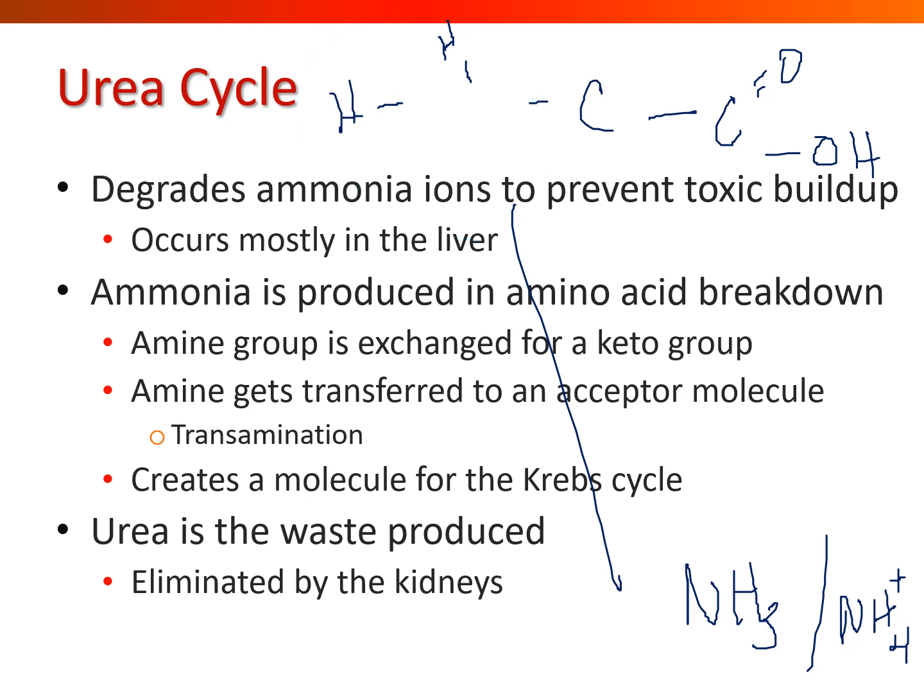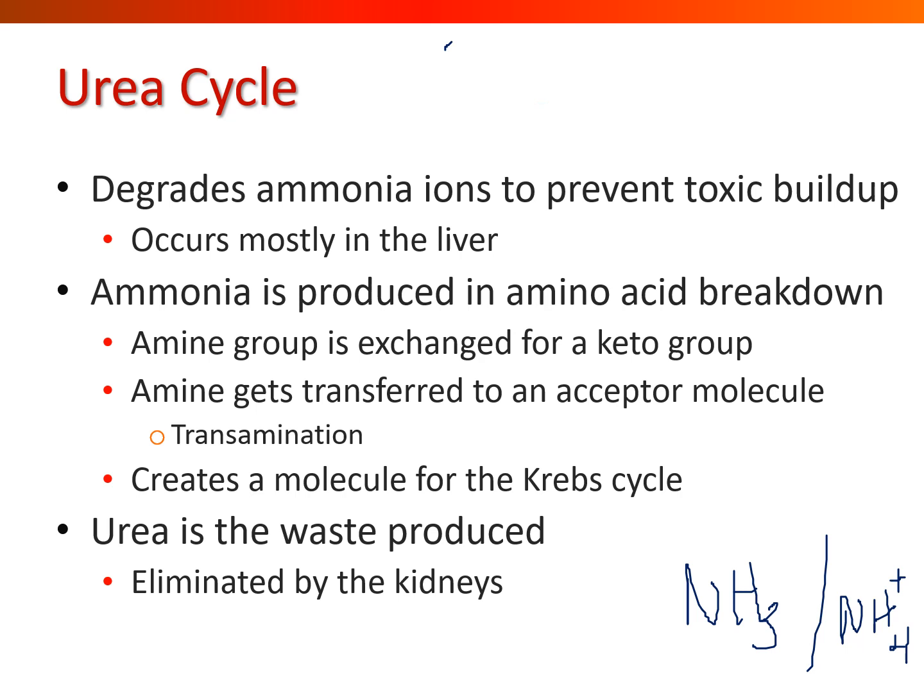So that's the urea cycle. Ammonia is produced in amino acid breakdown. We call that transamination. Basically, we're removing the amine group, the nitrogen and the hydrogens. And urea ultimately is eliminated by the kidneys. So we get ammonia from breaking down proteins.